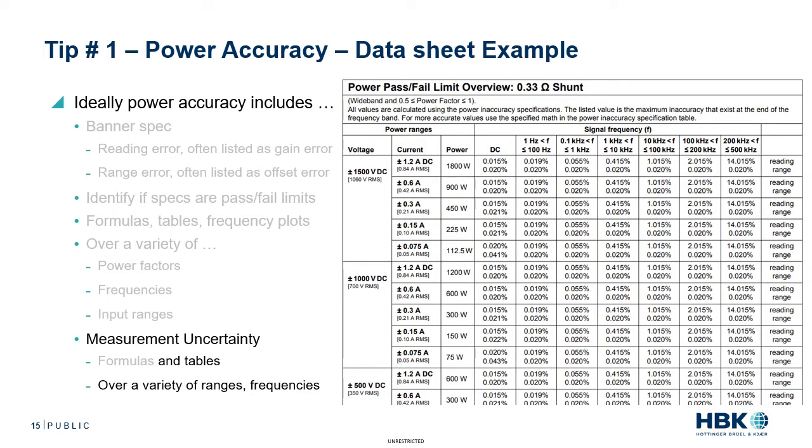Now here's a portion of a data sheet, a small example on measurement uncertainty with tables, again over a variety of voltage, current, and power ranges, and over a variety of frequencies from DC to 100 hertz, kilohertz, 10 kilohertz, 100 kilohertz, 200 kilohertz, and even 500 kilohertz for both reading and range specifications.